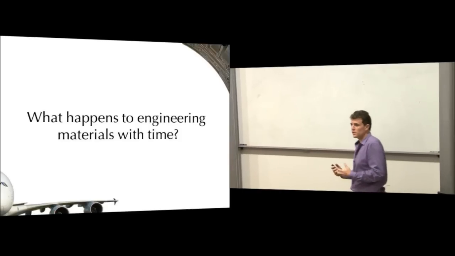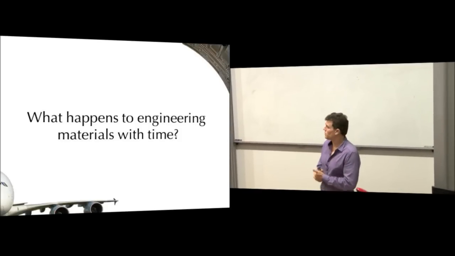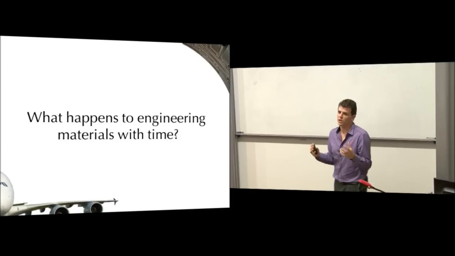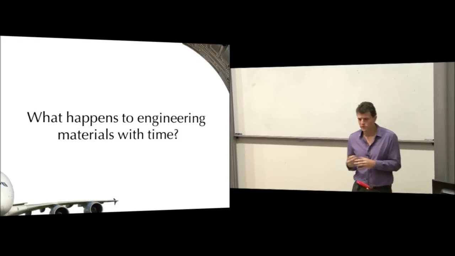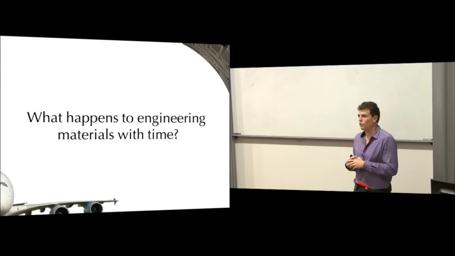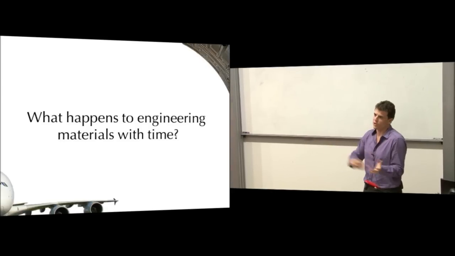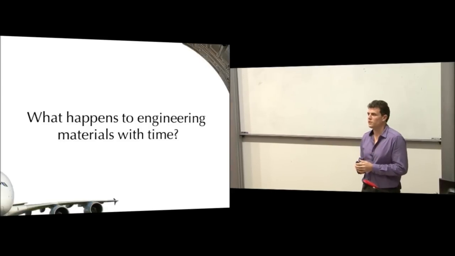Okay, so what happens to engineering materials with time? And by this I mean engineering materials in service, something that's being used in service. If you were to come back to a part that's being used 10 years from when it was made, chances are that it's degraded from its original condition.